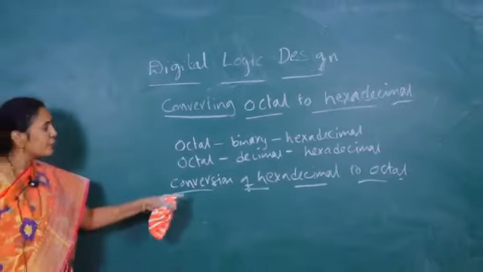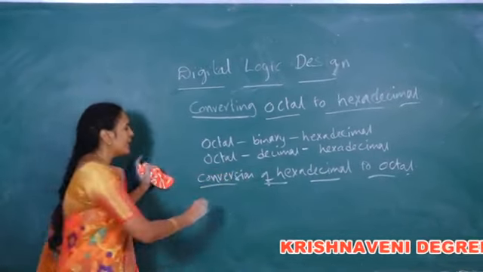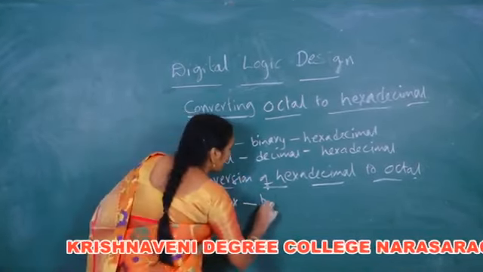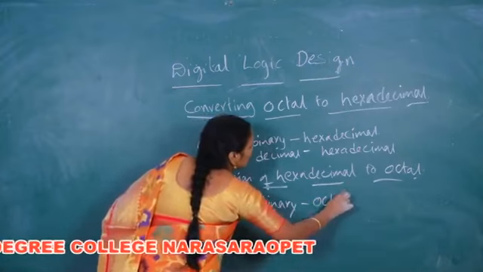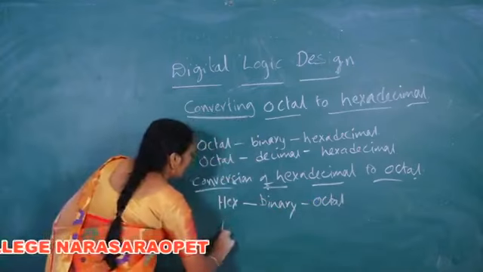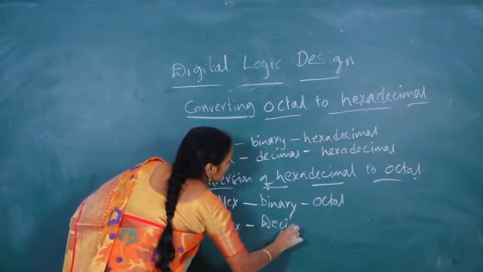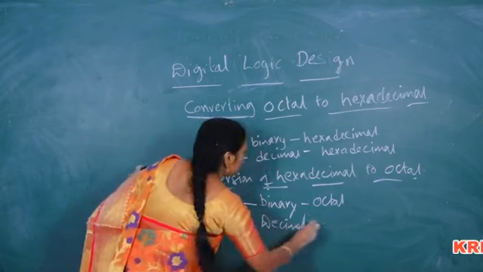Here also there is no direct conversion from hexadecimal to octal. Hexadecimal can be converted to binary, and binary can be converted to octal. Likewise, hexa can be converted to decimal, and decimal can be converted to octal.